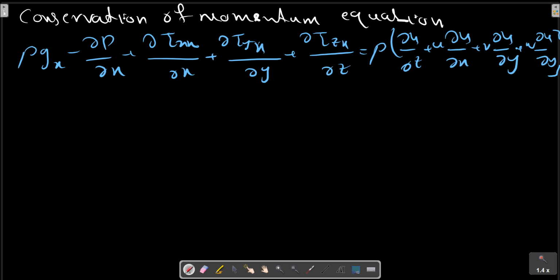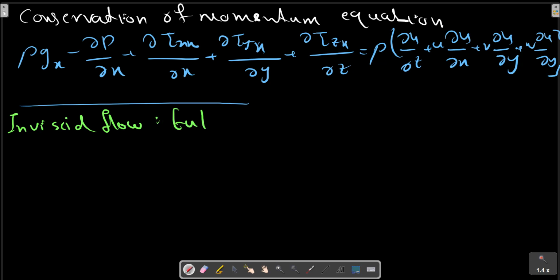So we can simplify the relation with some assumptions. The first assumption and simplification is the inviscid flow, Euler's equation. The equation before is not ready to use until we write the viscous stress in terms of velocity components.